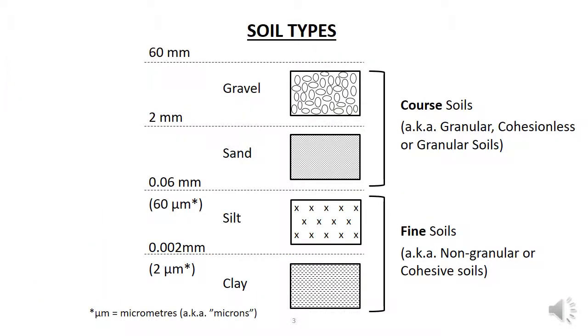Inorganic soils are usually categorized by the size of their particles. Gravels have particles from 60 millimeters in diameter down to 2 millimeters. Sands have particles from 2 millimeters down to 0.06 millimeters. 0.06 millimeters is the same as 60 micrometers. 1 micrometer is 1 millionth of a meter, so 60 micrometers is about the width of a human hair and is the limit of human vision.